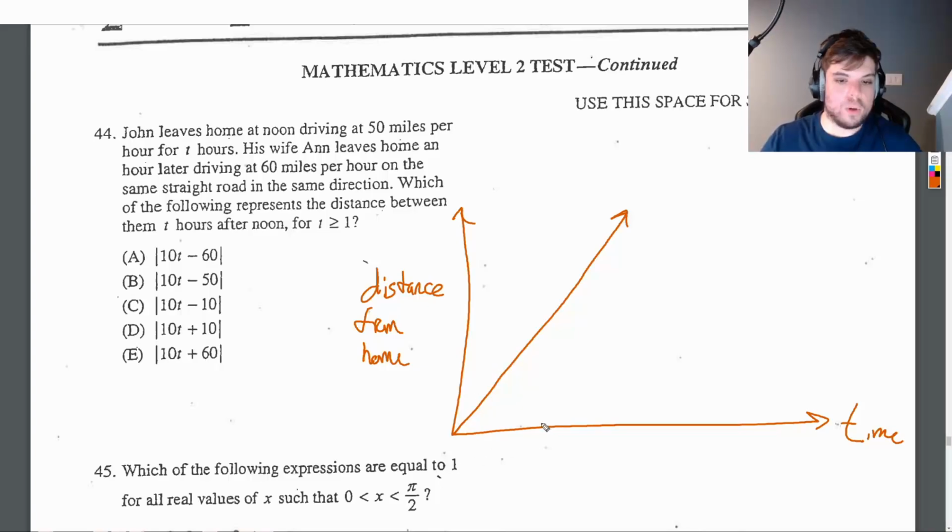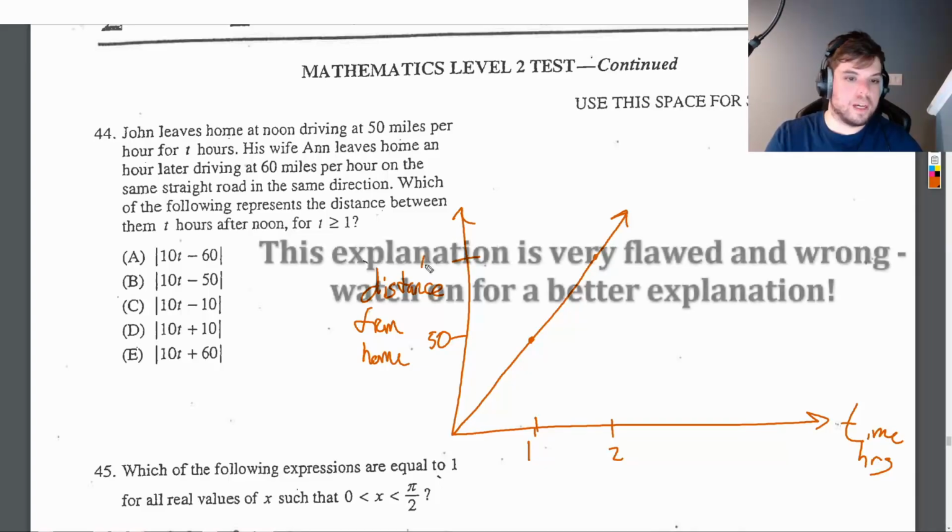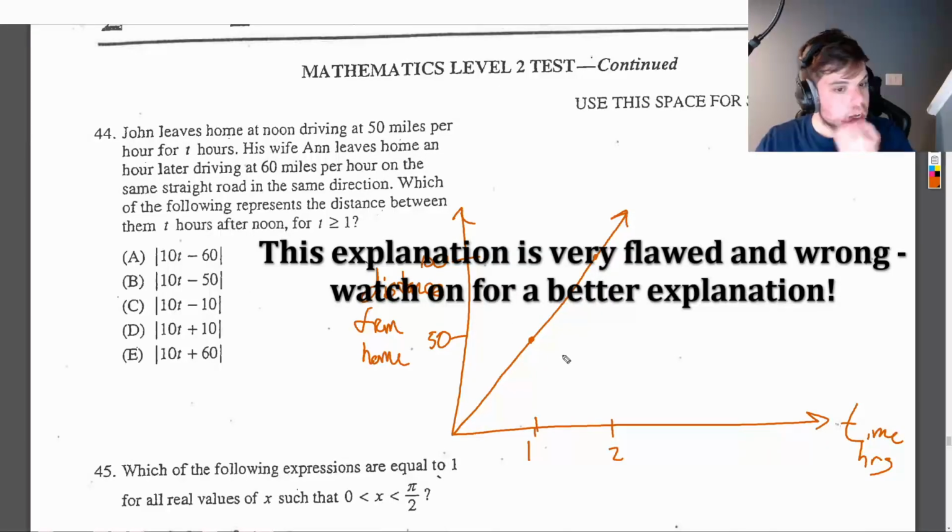For every hour that passes, let's say this time is in hours, this is 1 hour, he's traveled 50. So right here, it's going to be 50. At 2 hours, he's going to have traveled 100 miles. He's driving for T hours, so this extends for T hours.